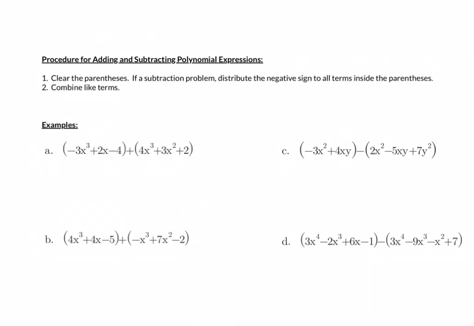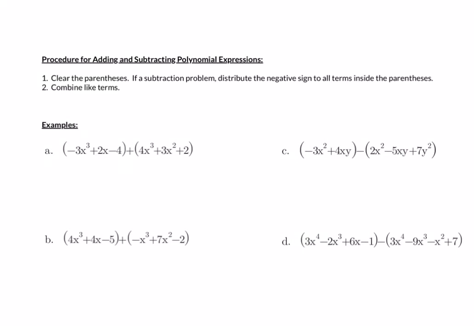The last thing we want to do is add and subtract. Okay, so this is basically just going to be one more step above simplifying polynomials. The main difference is that we're going to have these parentheses in here. And all the parentheses denote is this is one polynomial and this is another polynomial.